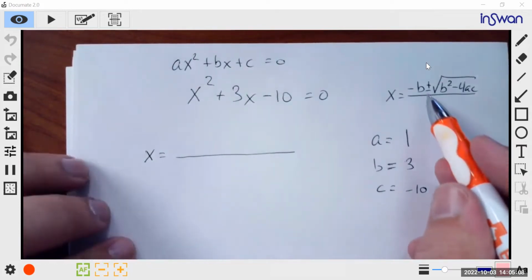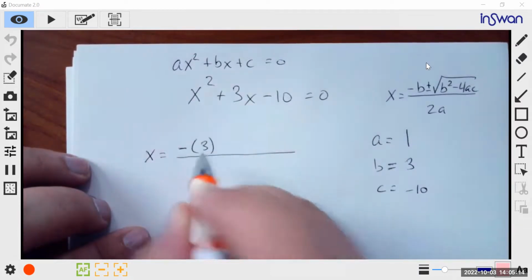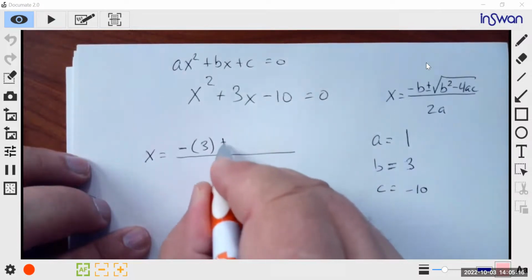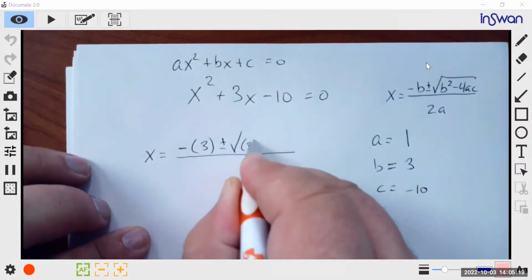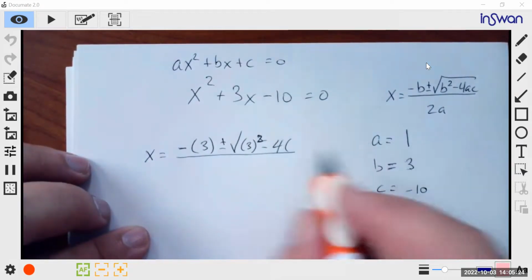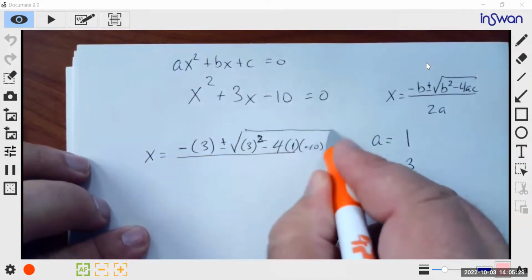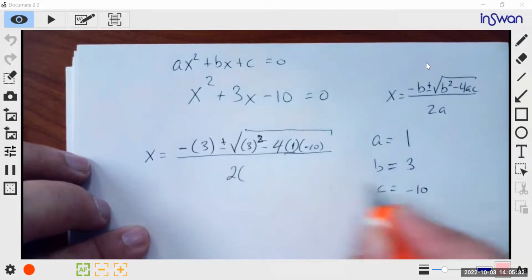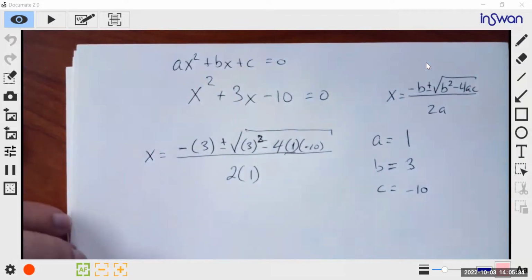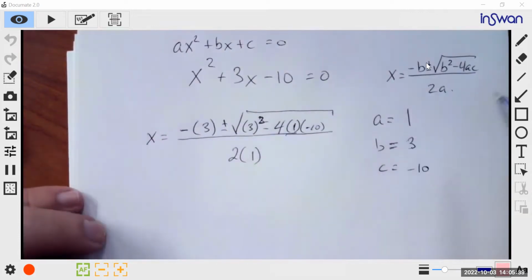So all we do is start plugging things in. Negative B is negative 3 in this case, plus or minus the square root of 3 squared minus 4 times A times C, negative 10, over 2 times A. Once you have this formula, all you do is plug in A, B, and C and work it out. 2 times 1 is 2.